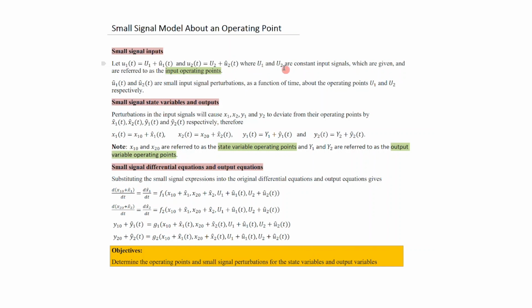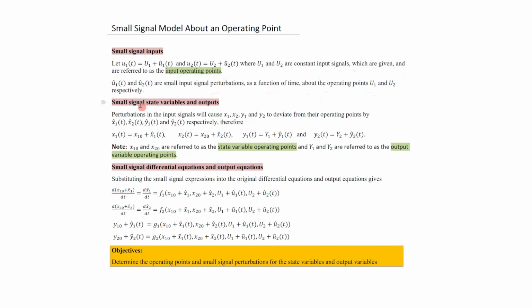So these U1, U2 in bold are our constant input signals. The input signals are typically a given. u1 hat and u2 hat are small input perturbations, as a function of time, about the operating points U1 and U2 respectively.